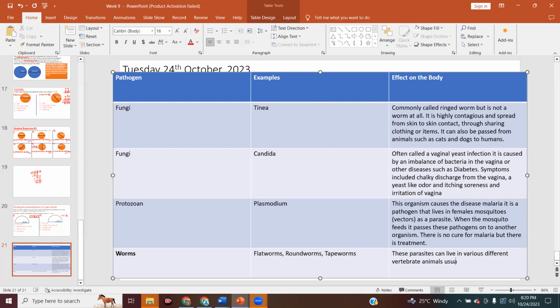Vertebrate animals, usually in the digestive tract, where they deprive the host. Now the host, so when you talk about the host, you have the parasite and the host. The parasite takes stuff from the host.